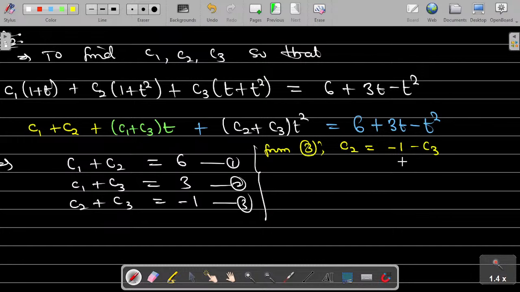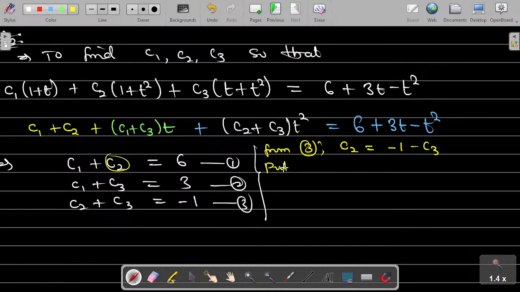Okay, so if I substitute that into equation 1, I'm going to get only c1 and c3, and that will be similar to equation 2. Then I can solve the two of them.